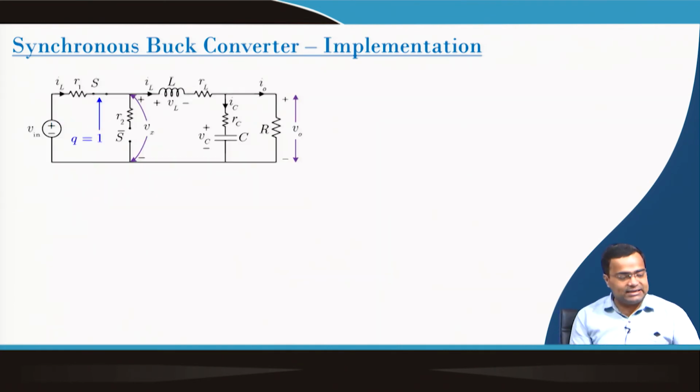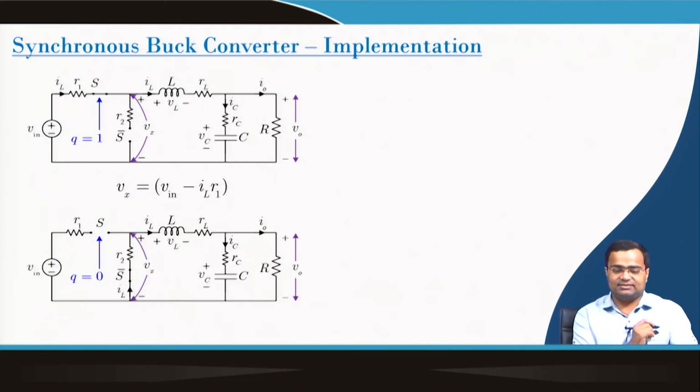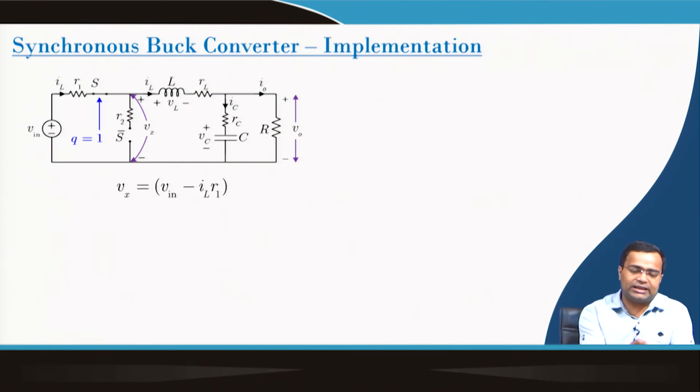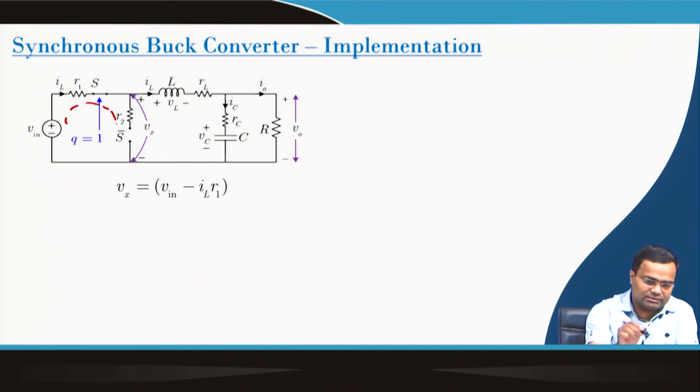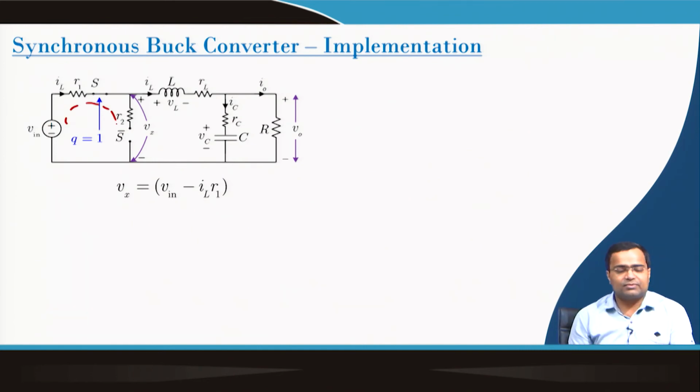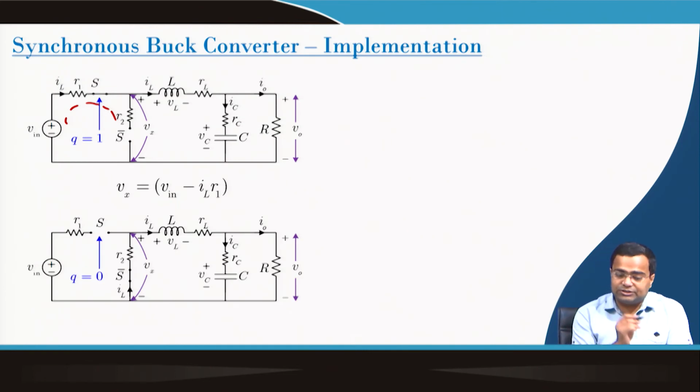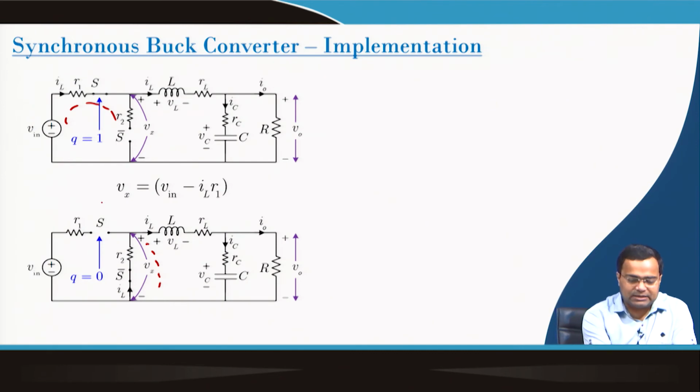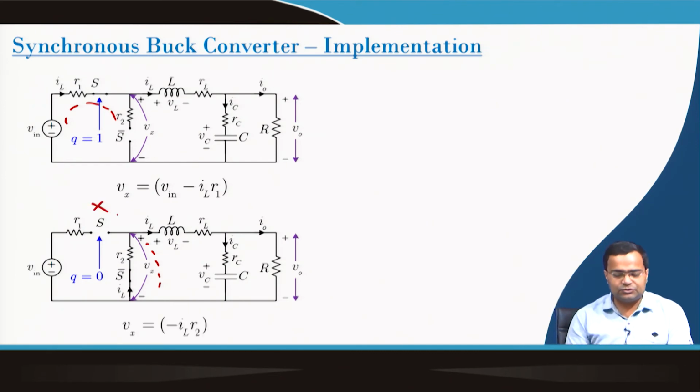But what is interesting here is that we need to derive the switch node voltage. When Q is on, this is Vin minus IL R1, that means we are talking about this part of this circuit. When the switch is off, this part is disconnected, so it will be minus IL R2.